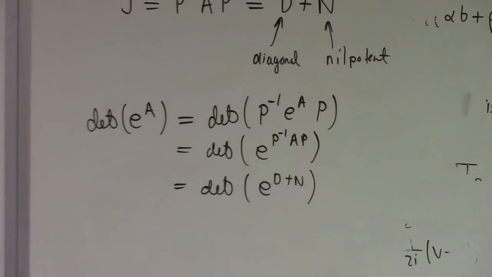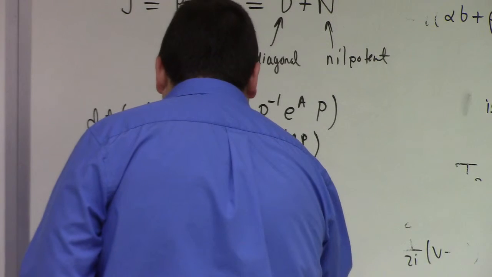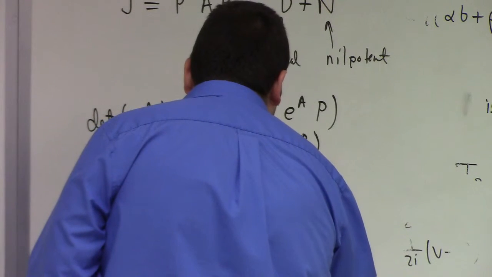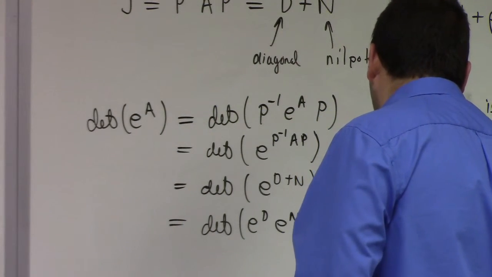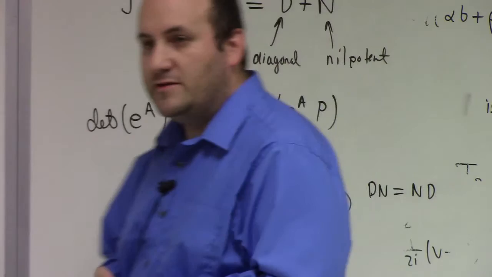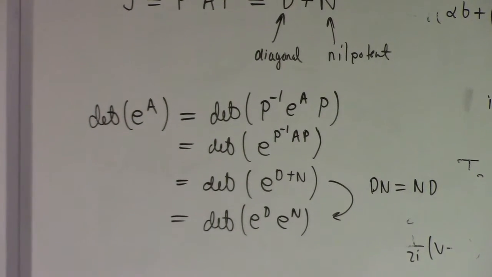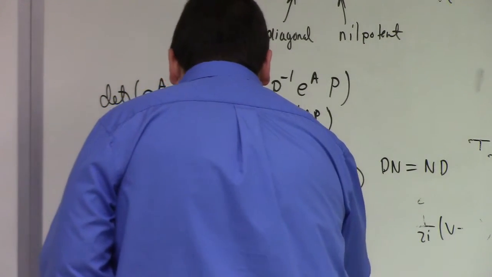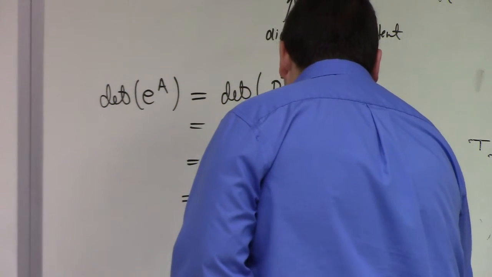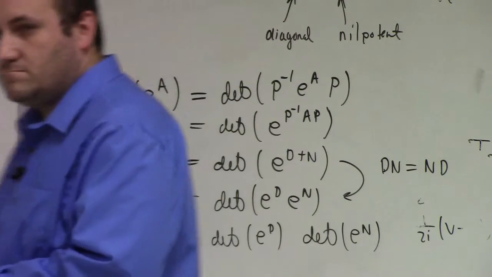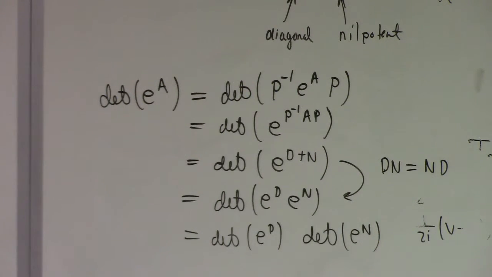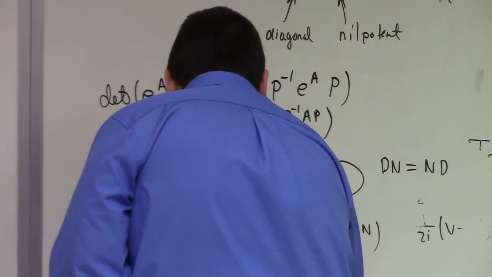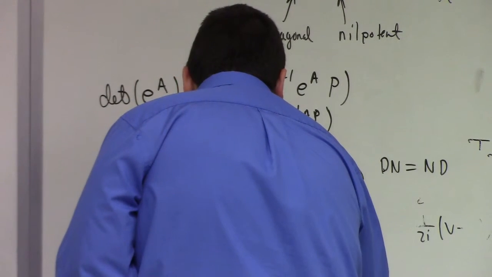Which means we can rewrite this as e to the D times e to the N. The determinant of the product is the product of the determinants, so we get the determinant of e to the D, which we already worked out, and the determinant of e to the N. So this is e to the exponential of the trace of D.